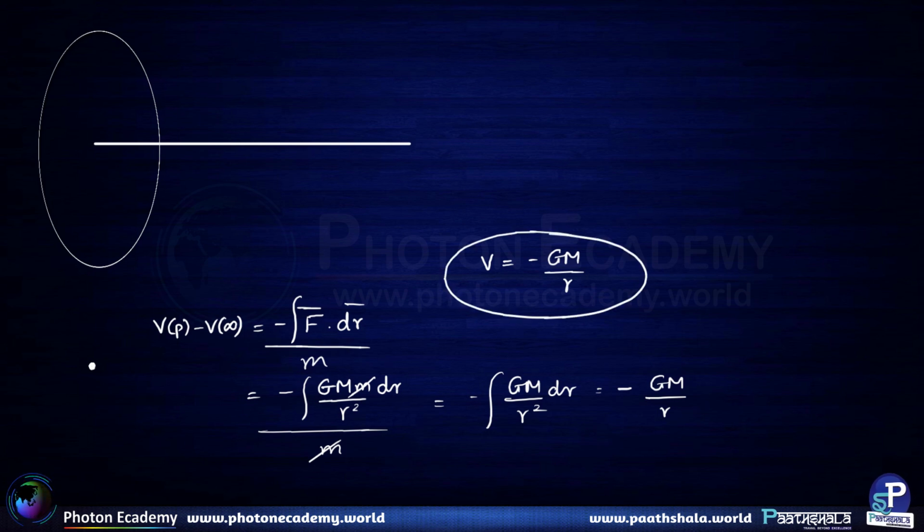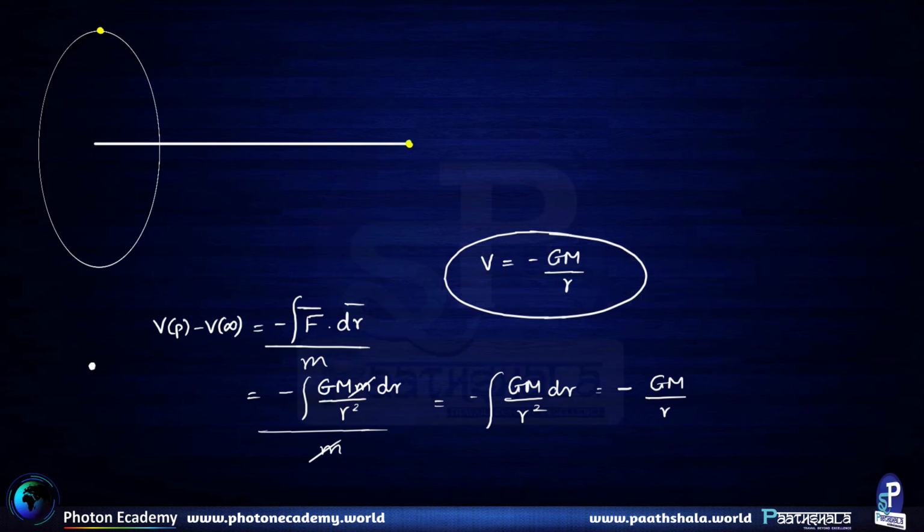Now here for the ring, what do we have? For the ring, we have a conglomerate of points. So this is a continuous object, so there are infinitely many points. However, potential being a scalar quantity, we don't need to take any components. So let us say we want to find out the potential at a point which is at a distance of r from the center of the ring. So this distance happens to be r.